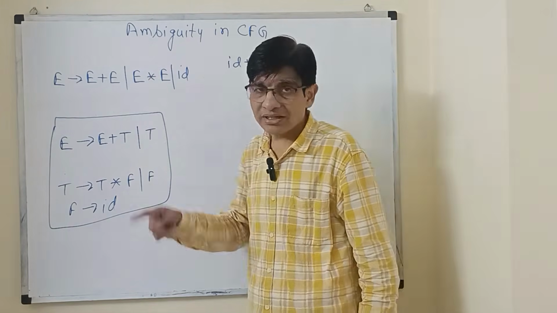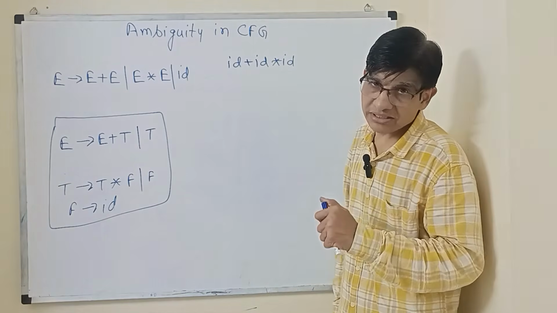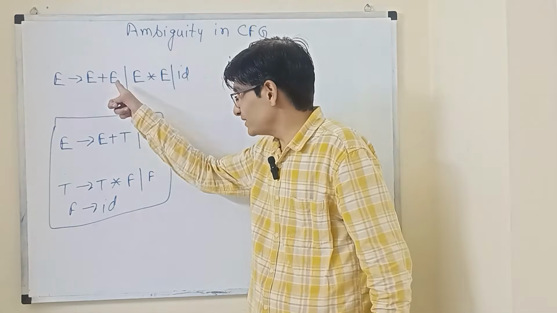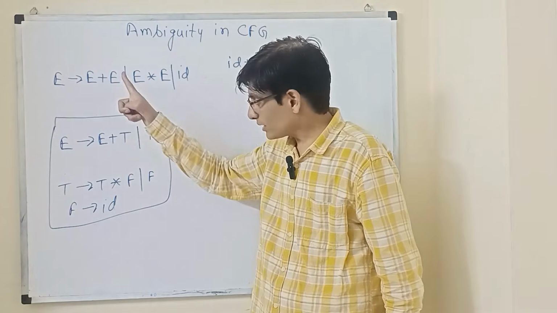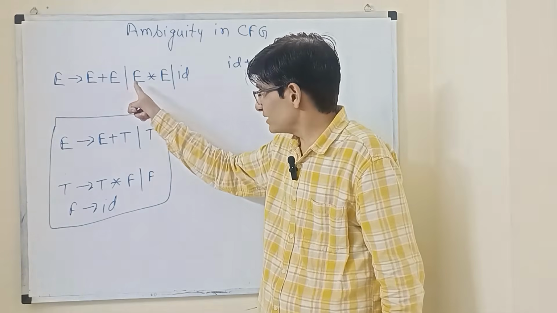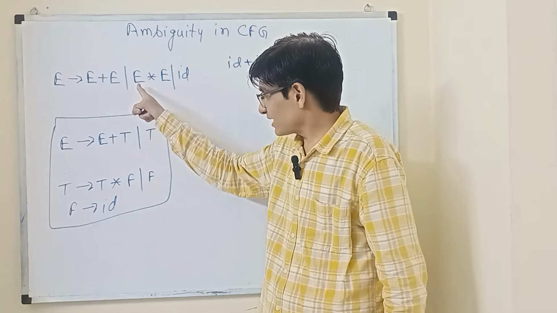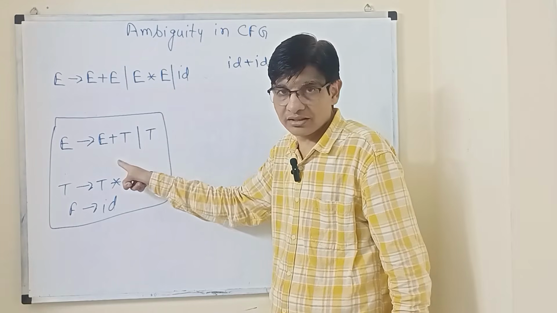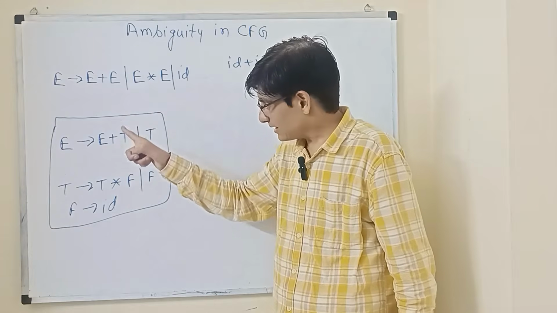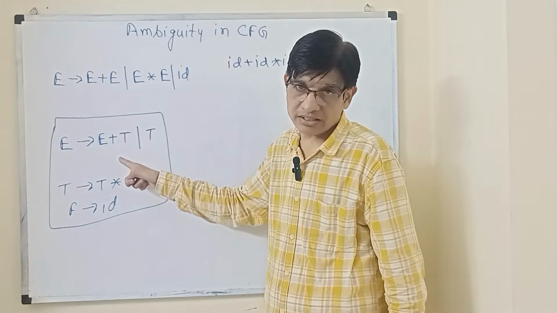Now, how are two grammars equivalent? All strings that you can generate from this grammar, you can also generate from this grammar, and all strings you can generate from this grammar can also be generated from this grammar. But the difference is, this grammar is ambiguous and this grammar is unambiguous.